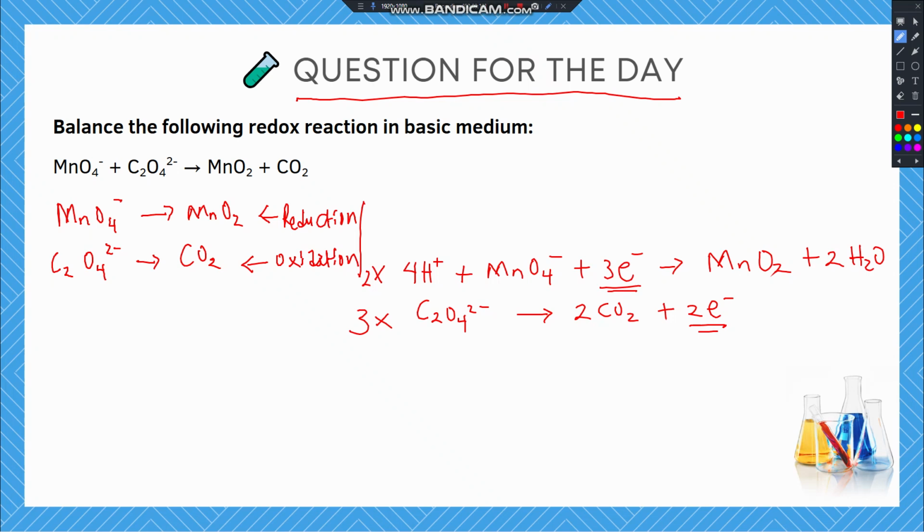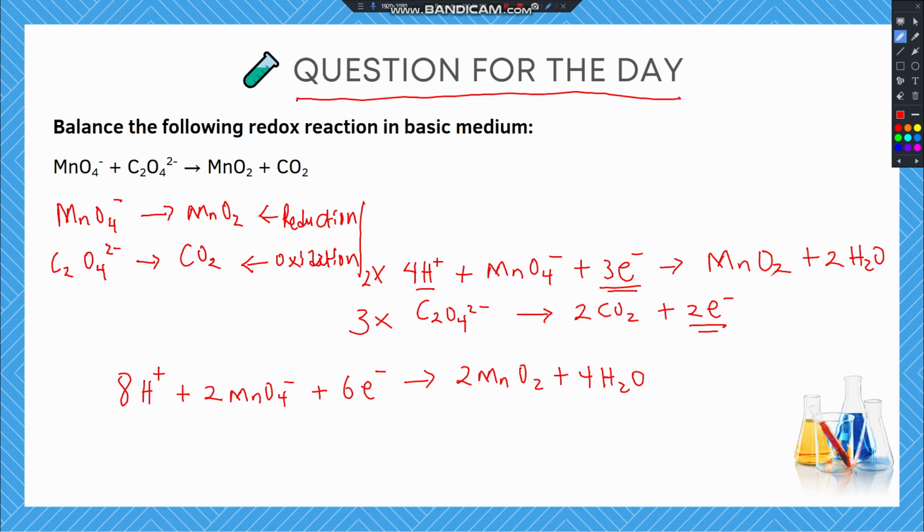So let's do that very quickly. We'll now have 2 multiplied by 4H gives us 8H plus 2 MnO₄ minus plus 6 electrons will now yield 2 MnO₂ plus 4H2O.